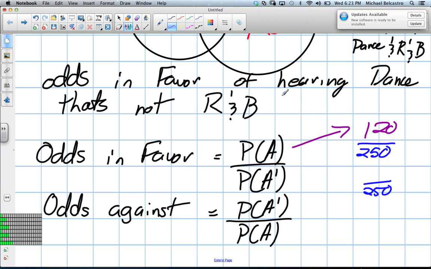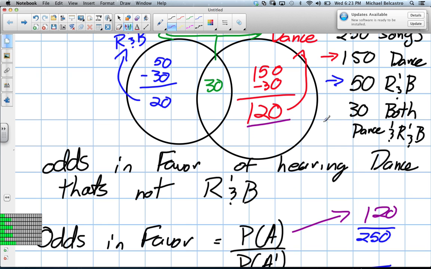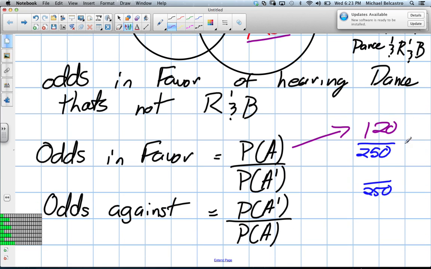That's right, we only had 120 pure dance songs. So the probability, or P(A), is 120 divided by 250. And the probability of that not happening would be taking 120 away from 250, the probability of not taking a dance song, which means it'd be 130 divided by 250.